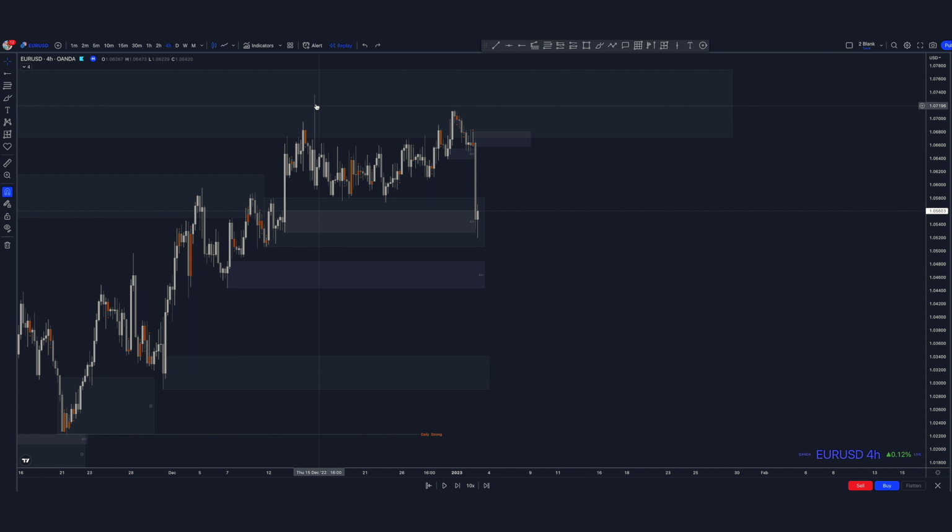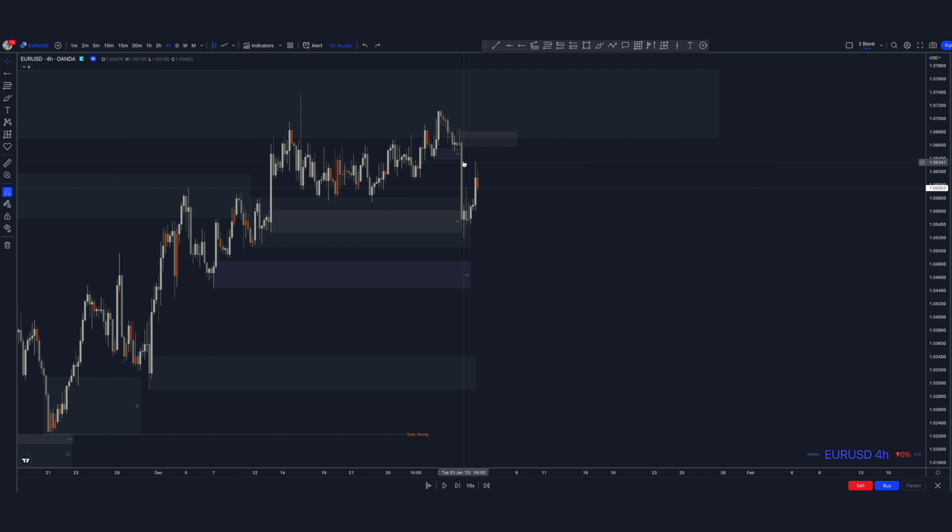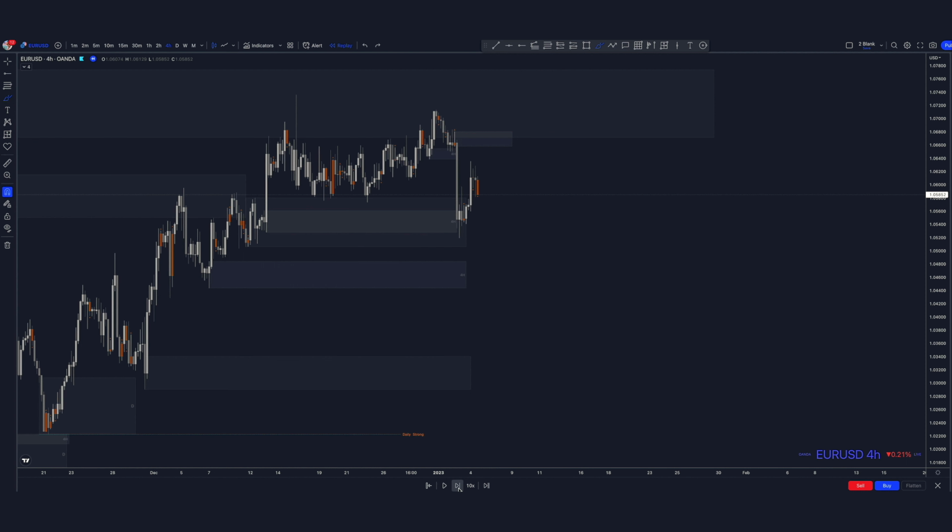But price still has respected the demand, I mean the supply. So let's see what's gonna happen. Let's push a little. After a push like this, you want to wait to see price come back into this supply, or maybe coming back to this demand here, since we already broke down here. Okay, so let's keep pushing.